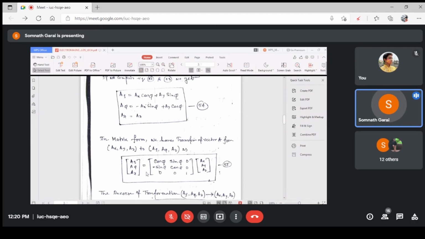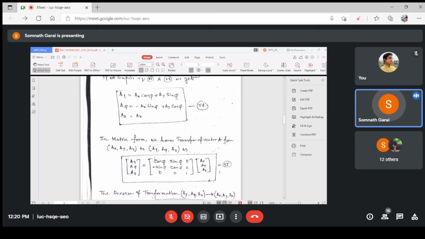After matrix multiplication of the second row, a phi is equal to minus sin phi into ax, plus cos phi into ay, and 0 into az. You get the second equation. And for the third, 0 into ax plus 0 into ay plus 1 into az, you get the third equation.